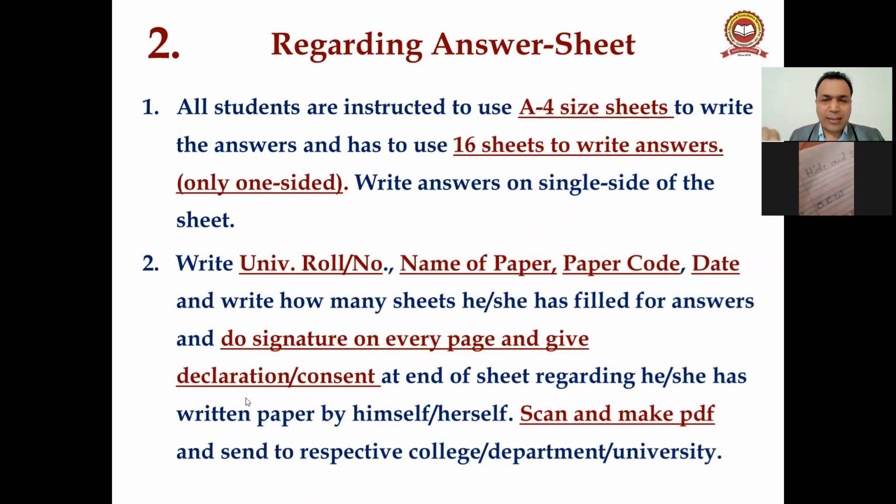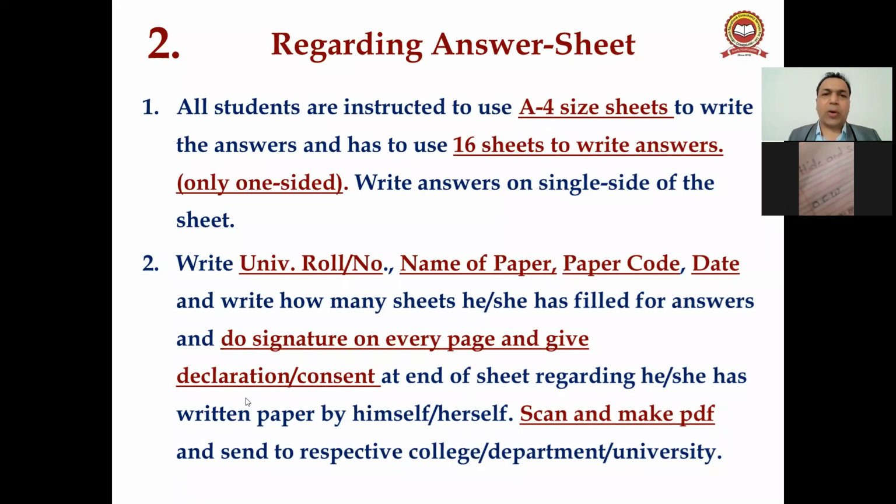When you finish your paper on 16 pages, on the 16th page you have to give a declaration by writing that I have written this exam by myself and I give consent that all the pages are filled by me, and you have to sign it. It is written in the instruction, so it is mandatory for all of you.